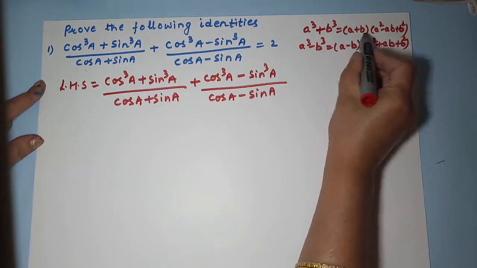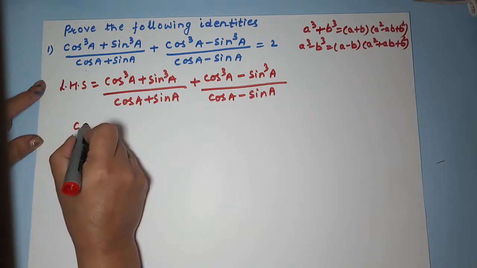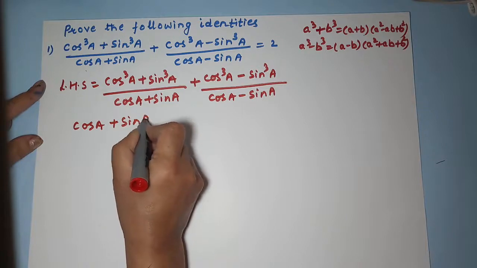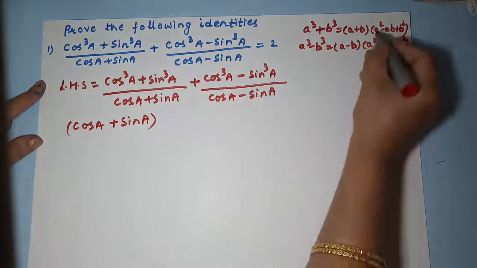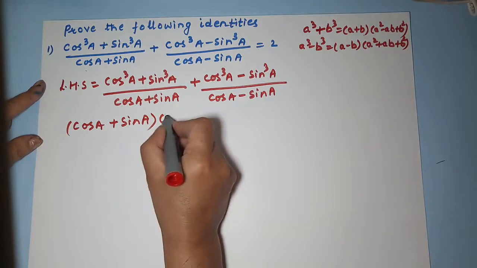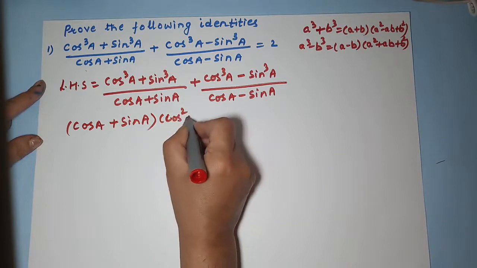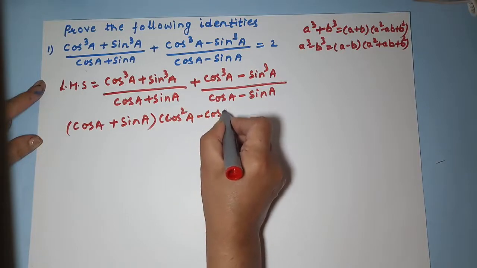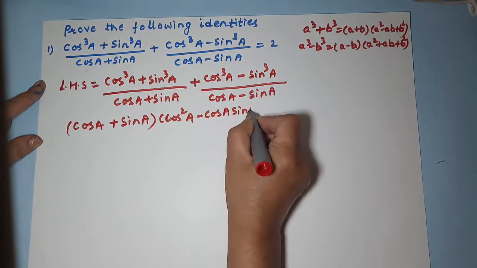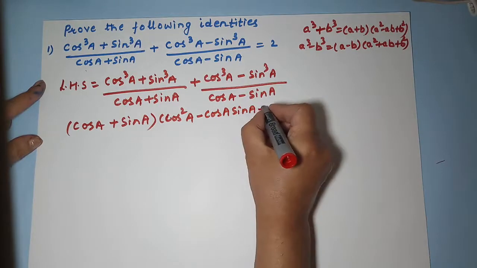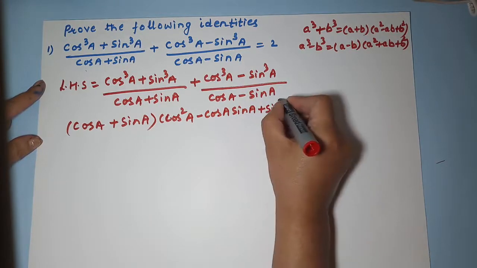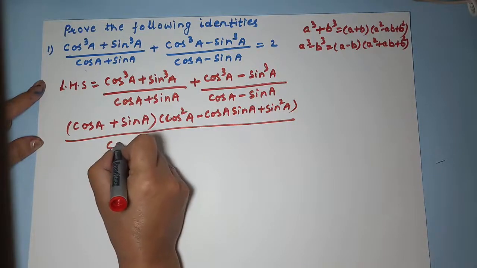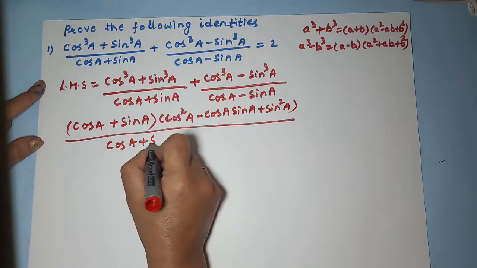So this will be A plus B, that means cos A plus sin A, into A square, that is cos square A, minus AB, that is minus cos A sin A, plus B square, that is sin square A, right? Divided by this term cos A plus sin A.